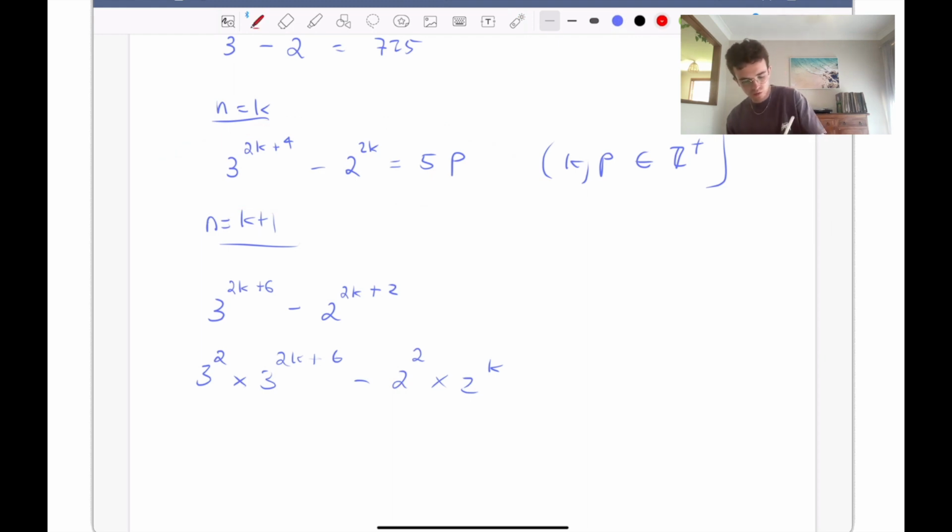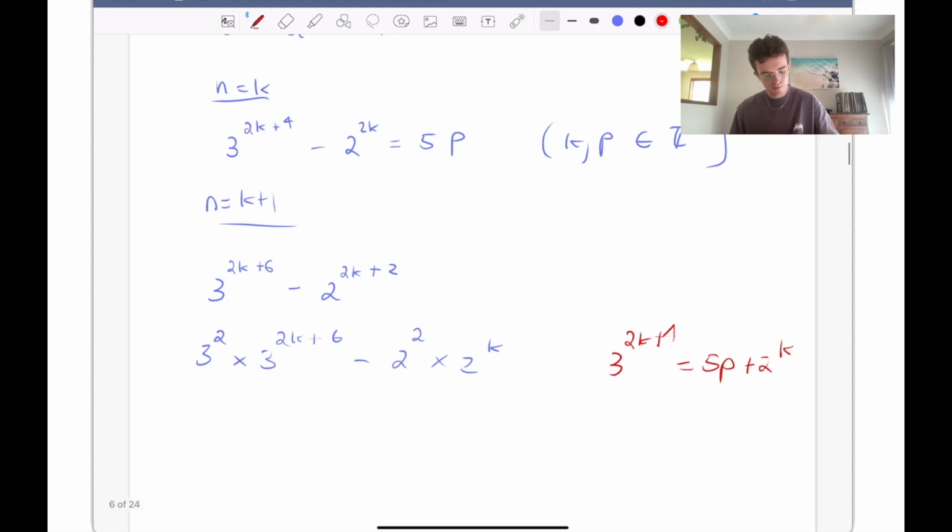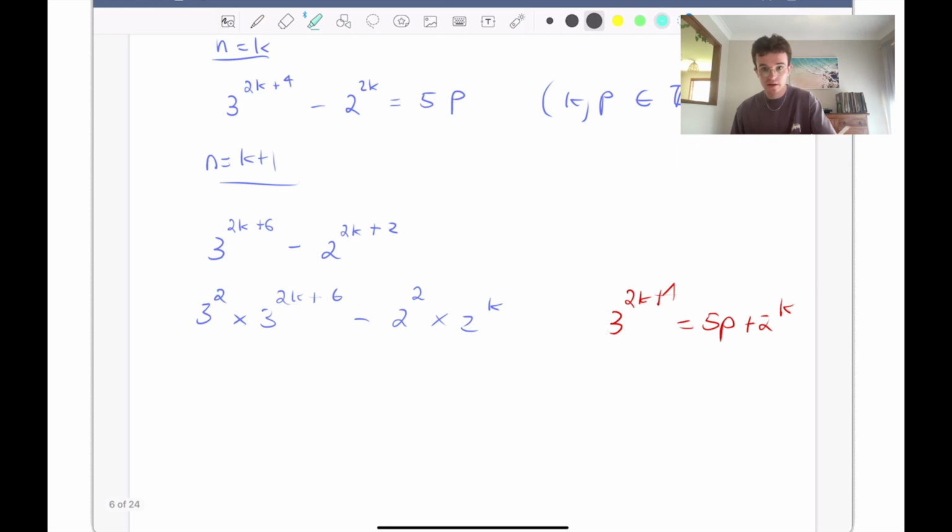Now from the assumption we know, for example, that 3 to the 2k plus 4 is equal to 5p plus 2 to the 2k. So we can substitute that in.